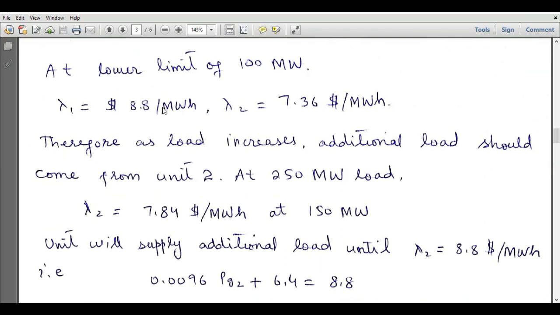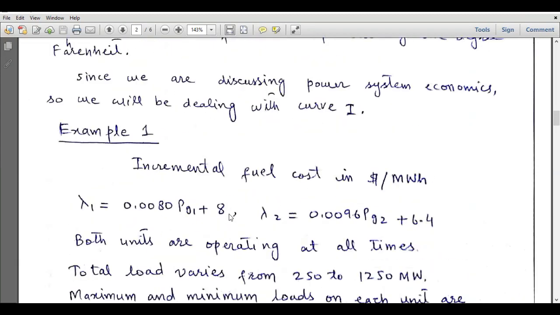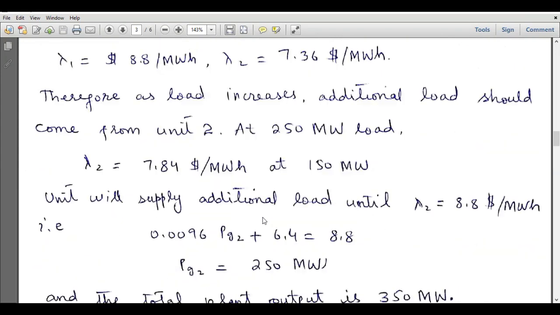So any additional load in excess of 100 megawatts will be applied to the second generator. At 250 megawatts of total load, 100 megawatts will be given to the first unit because 100 megawatts is the minimum each unit must have, and the other 150 megawatts will be assigned to the second generator. Lambda 2 will be equal to $7.84 per megawatt hour at 150 megawatts. This lambda 2 can be evaluated very easily from here: if we have 150 as PG2, then lambda 2 can be evaluated.